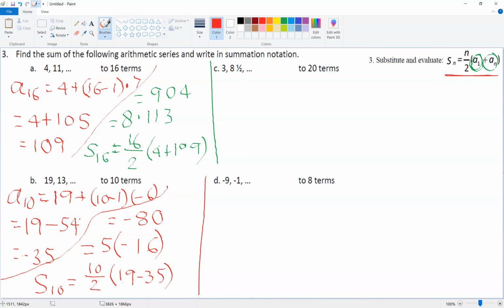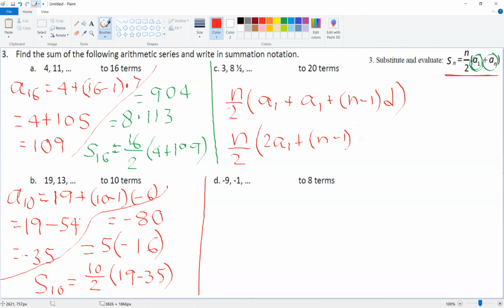So what you did is n over 2, a1, and if you plug the value of an, which will be a1 plus n minus 1 times d, correct? Yeah. So that means this will be 2a1 plus n minus 1 times d. Did you use this formula?